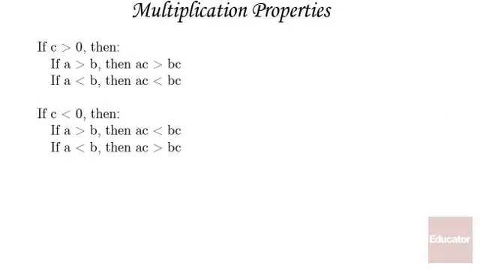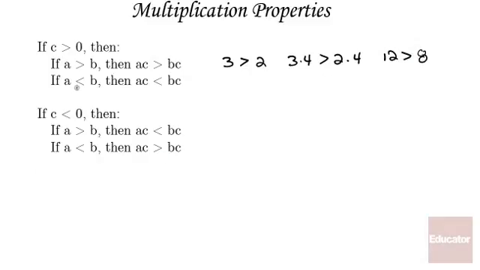With multiplication properties, if A is greater than B and C is greater than 0, a positive number, and the same positive number is multiplied by both sides of the inequality, then the solution set of the resulting inequality is the same as that of the original inequality. So if I have 3 is greater than 2, and I multiply both sides by 4, I'm going to end up with 12 is greater than 8, which is still valid.